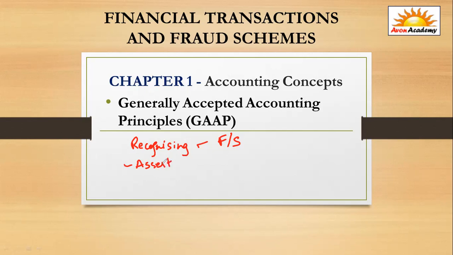Let's say, for example, I might be running an academic institution where the furniture is an asset because it is not my regular course of business to sell and keep furniture. But the same furniture for a furniture shop is a regular operating transaction, not an asset, right? So the GAAP principles are going to help you in identifying assets, liabilities.